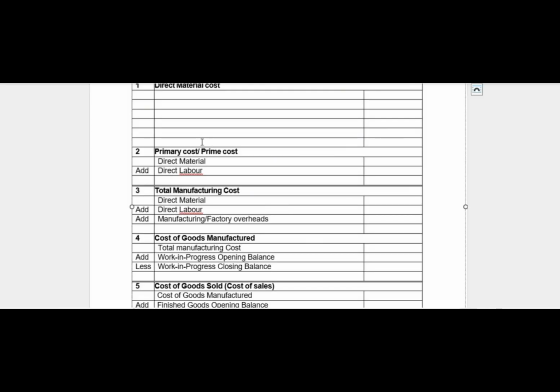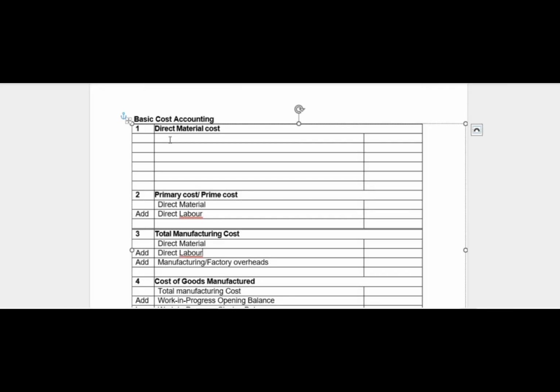And then we are given a task to calculate direct material cost. What is the formula to calculate direct material cost?